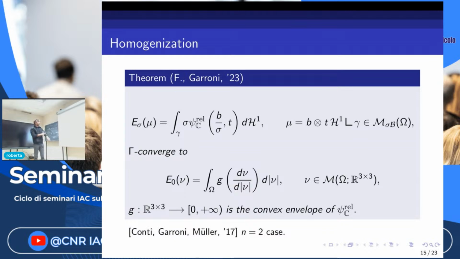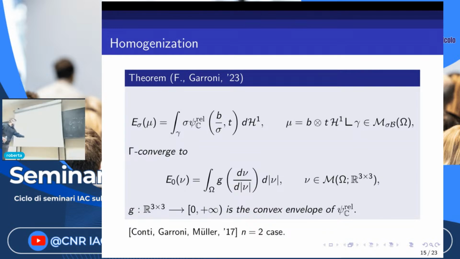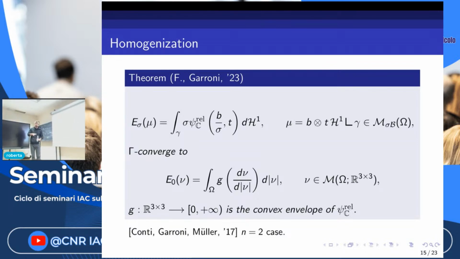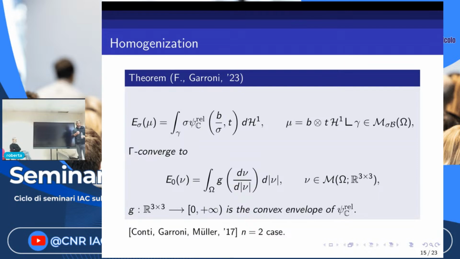So low energy configurations of this energy, when sigma is small, are well studied with this energy. Given you can compute G, you don't have to bother with all the interactions, because of course if you have a lot of dislocations, you have to compute the interaction energy within dislocations.